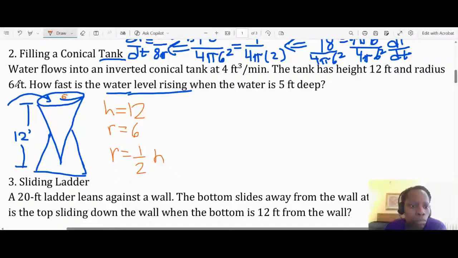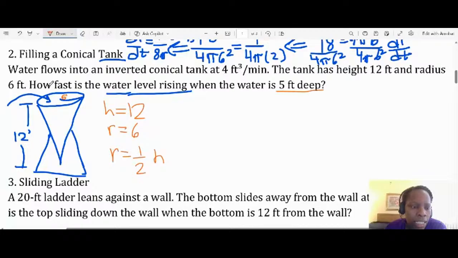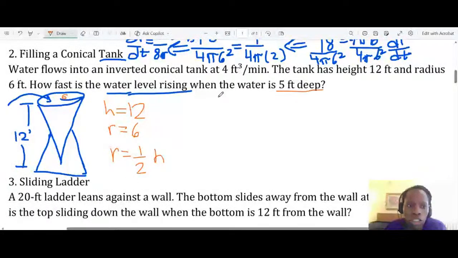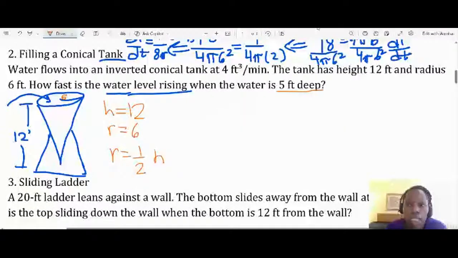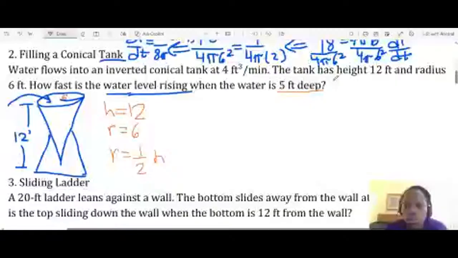How fast is the water level rising when the water is 5 feet deep? So this is an instantaneous value. That means the volume is increasing. We should give the volume, right?